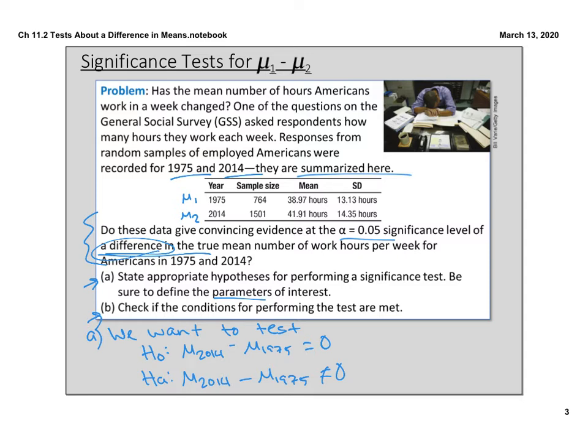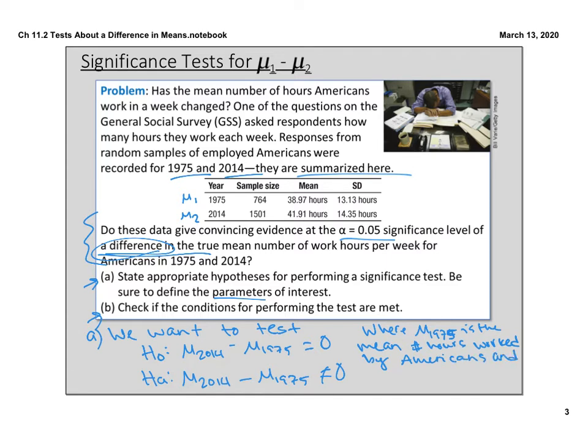My parameter here, you've got two parameters to list. So where mu 1975 is the mean number of hours worked by Americans in 1975. Sorry, I said 74.